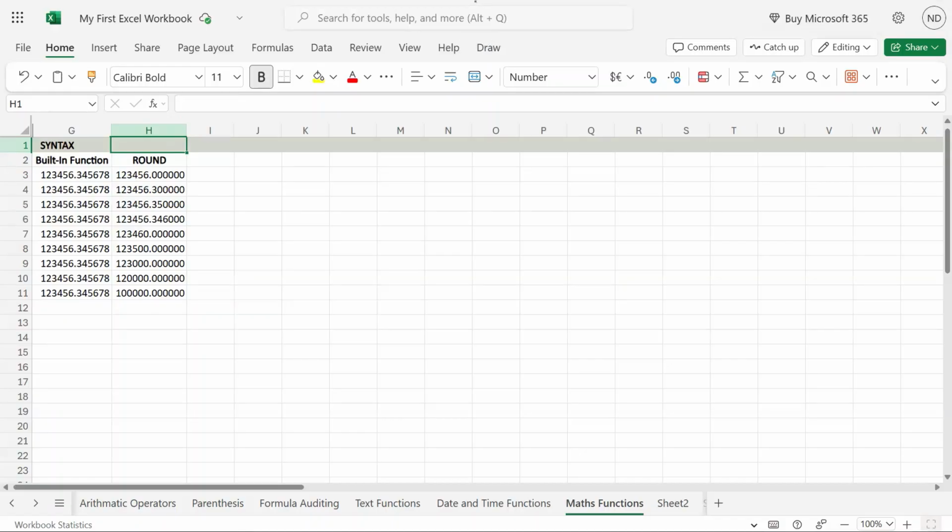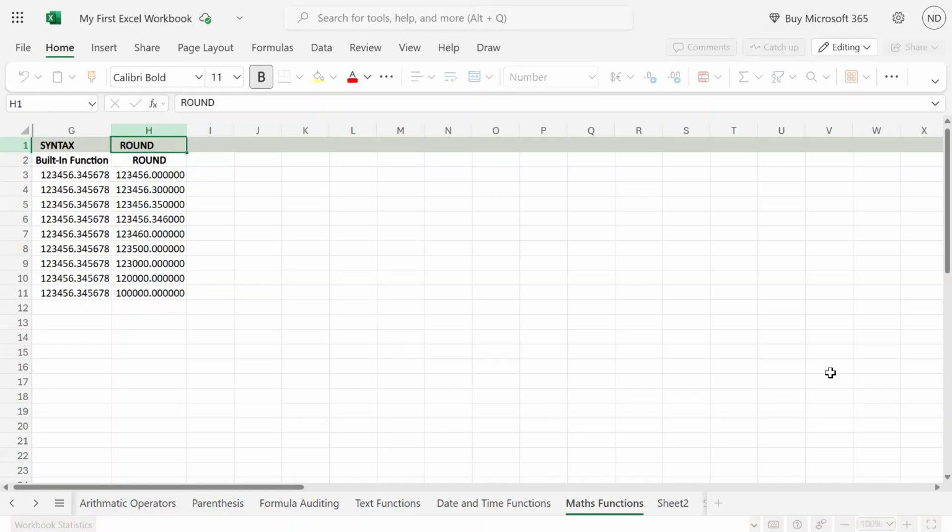So the syntax for this particular function is round, then the number that you want to round up, and how many digits you want to round up. Now, this num digits could be a negative or a positive number.